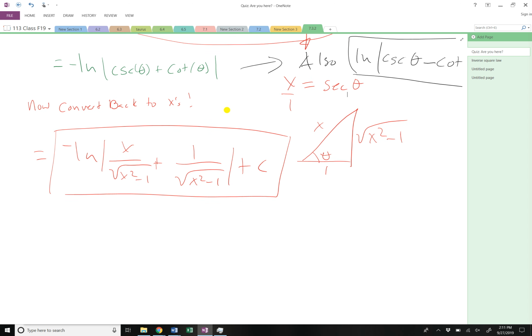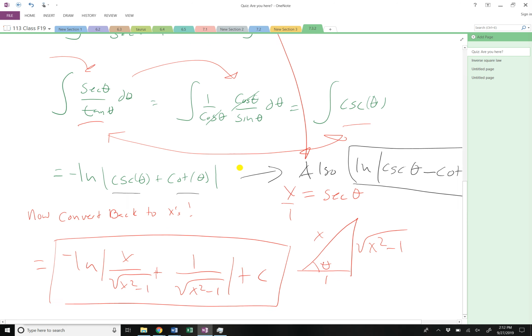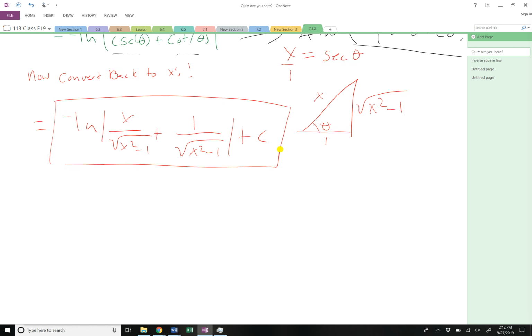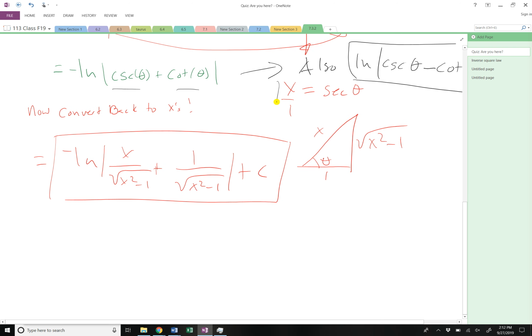So where were we? So you get these cosecants and cotangents of theta, but what do we need to do? We need to get back in terms of x's. So I go back to my original substitution, x equals secant of theta. I rewrote it down here, so we didn't have to keep going back and forth. So x equals secant of theta, I thought of it as x over 1, drew my triangle, and I get theta.